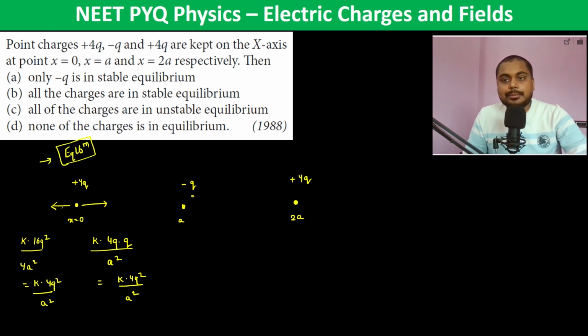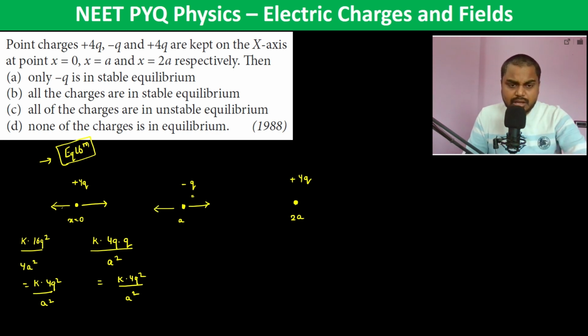Now let us go step one by one. So only minus q is in stable equilibrium. So let us see minus q. Minus q is having attraction here also and attraction here also.